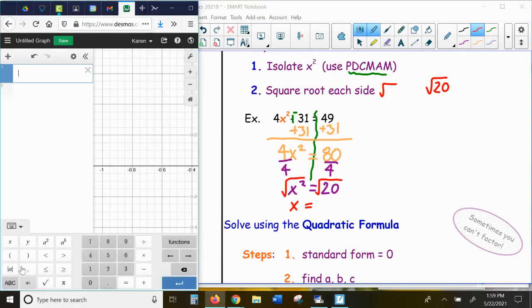If you're on Desmos, you could pop up your thing and get your radical sign and put in 20. And when I put that in, clearly this is not a perfect square. So sometimes it's perfect and I could just take the square root of it and then I would be like, oh, it's positive and negative 7 or whatever number I get here. But this is a decimal, so we are not going to write that. Instead, we're going to simplify our square root.